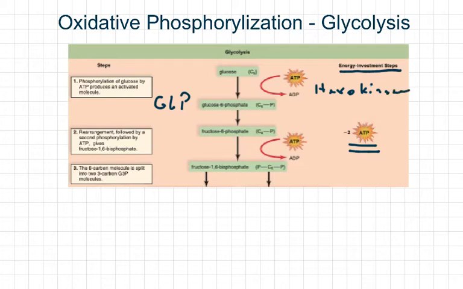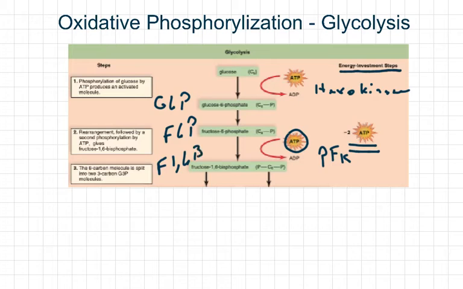Then glucose 6-phosphate is converted into fructose 6-phosphate. And then via the enzyme phosphofructokinase, or PFK for short, we utilize another ATP and then create fructose 1,6-bisphosphate.